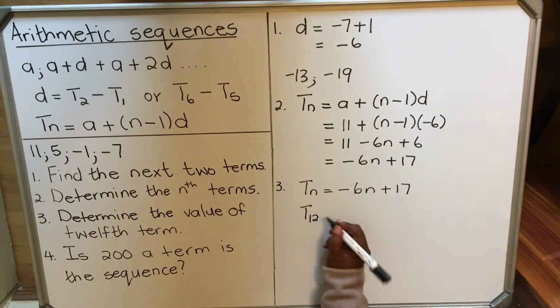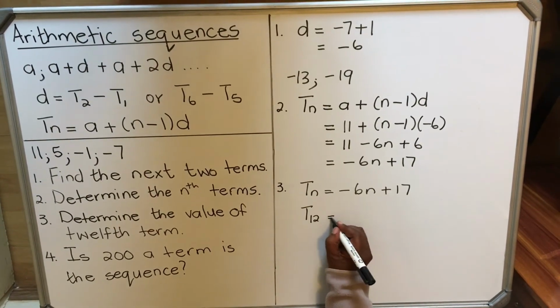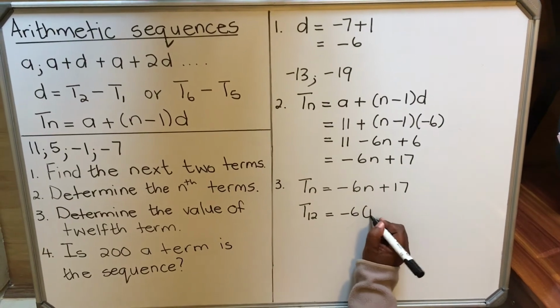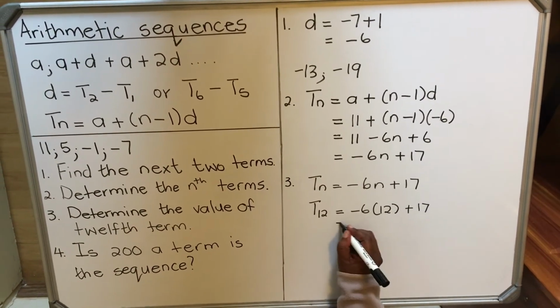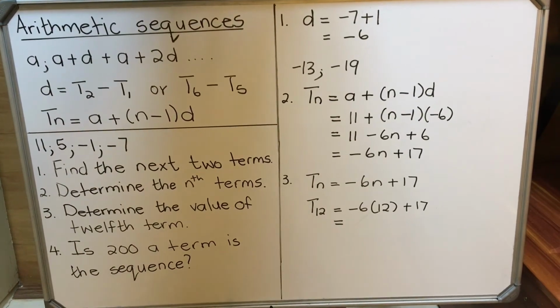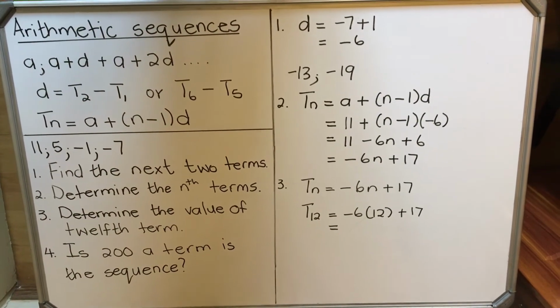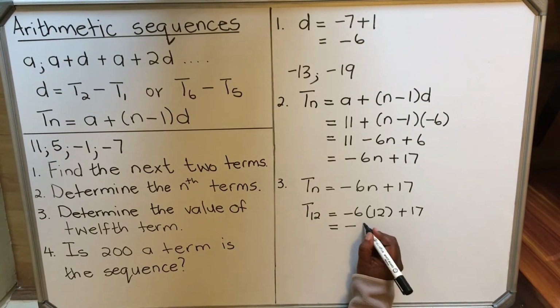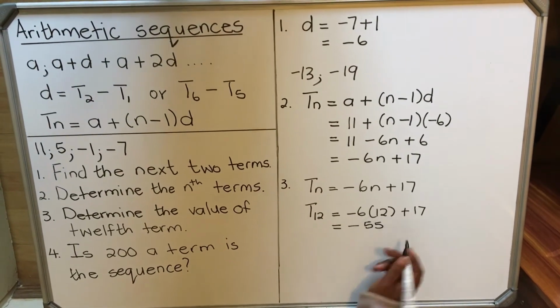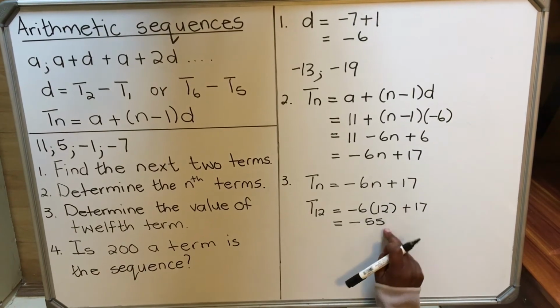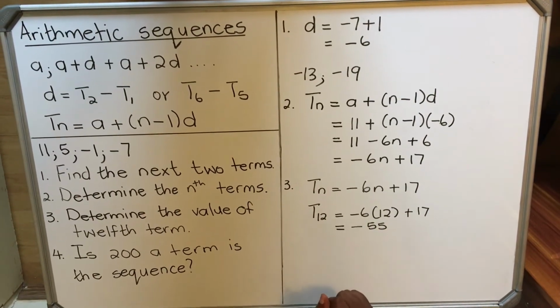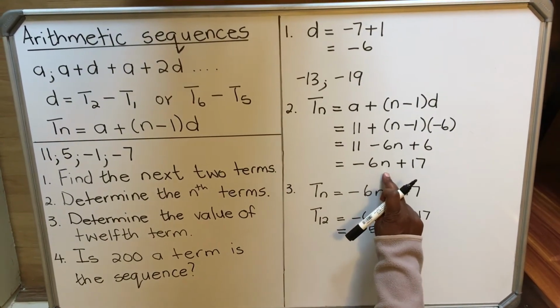They say the 12th term, so I'm going to write T12 is equal to minus 6 times 12 plus 17. Then I punch that in my calculator. I get minus 55. This question is usually 2 marks. But very important, you have to test whether your formula is correct.